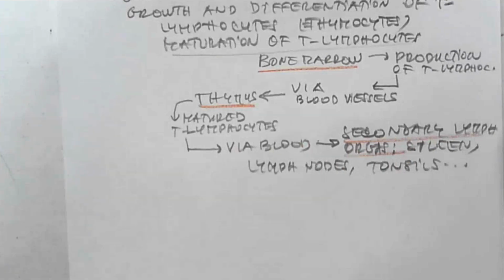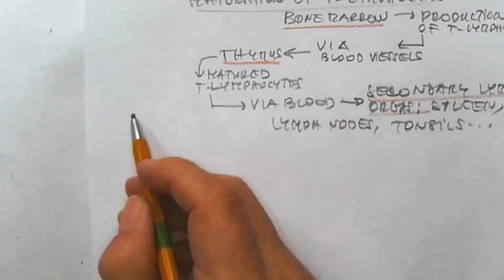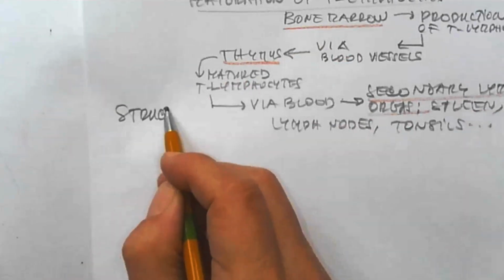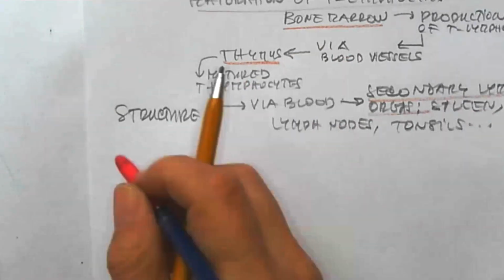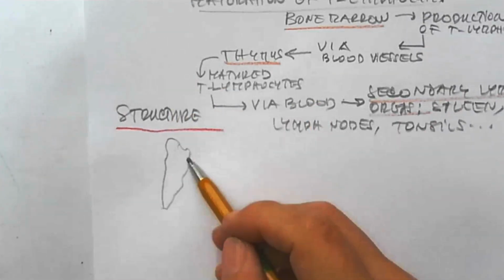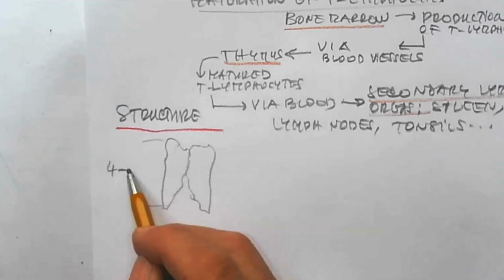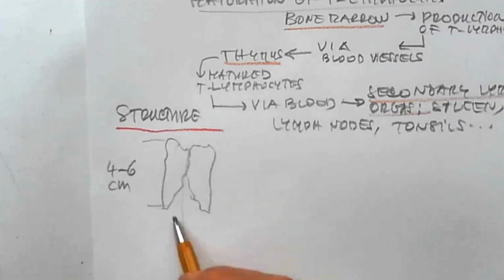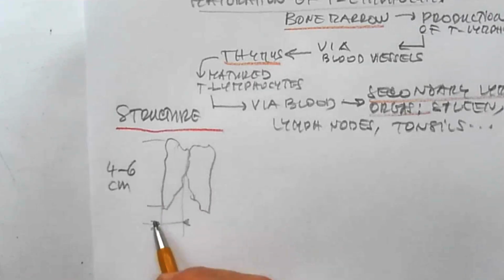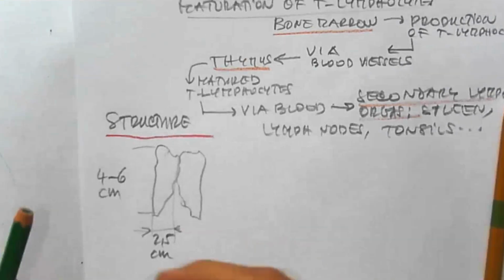So I know concerning the structure of the thymus. It usually is bilobular, has two lobules, which could be around 4 to 6 centimeters high or long, and around 2.5 centimeters wide.